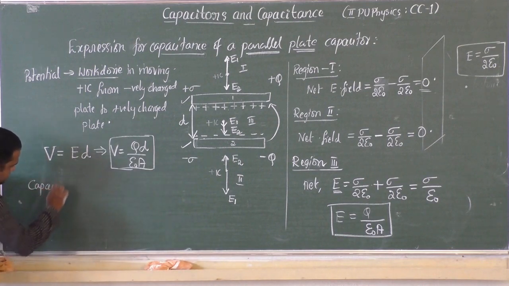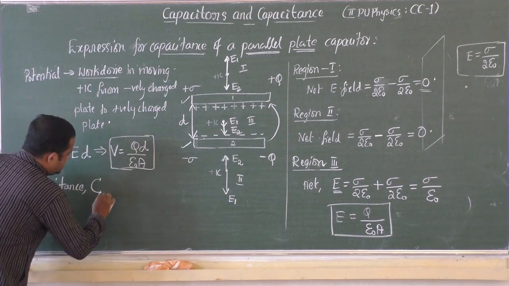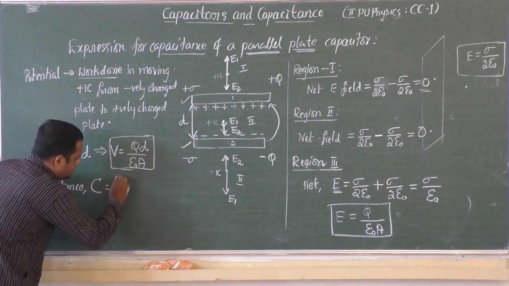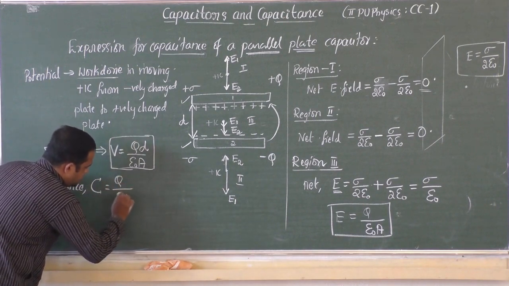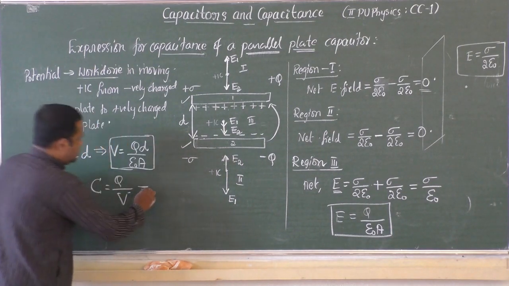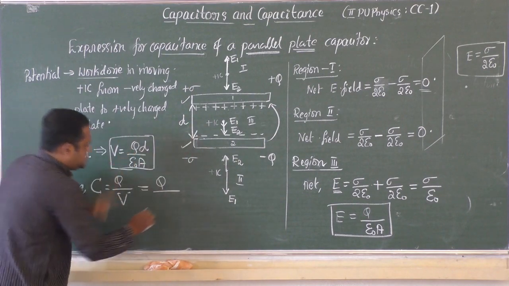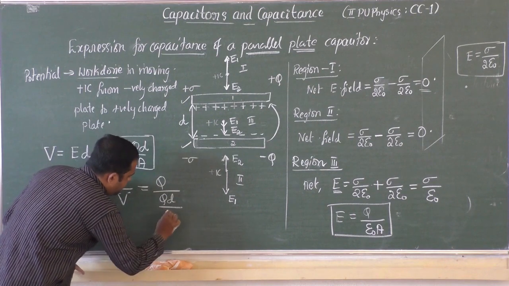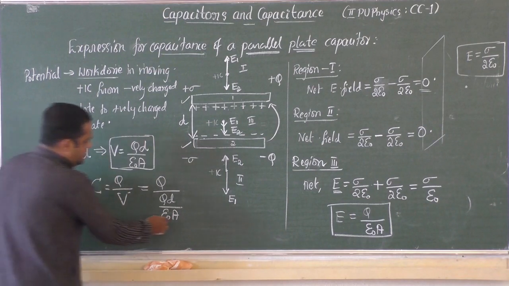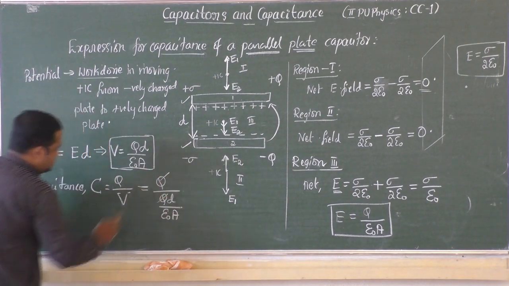Now the capacitance C, by definition, is the ratio of amount of charge stored to the potential, that is Q divided by V. In this case Q is the amount of charge stored, divided by V, which is Q into D divided by epsilon naught into A. Now this Q cancels with this, epsilon naught A comes here.